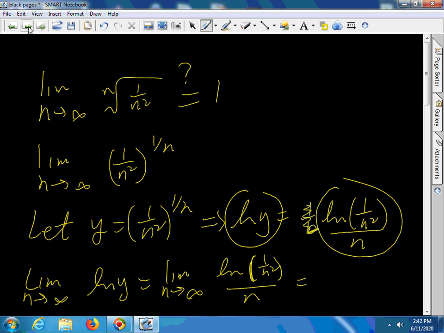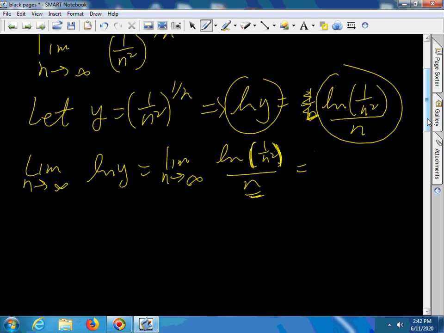Now, what's in here, when n goes to infinity, goes to 0, and ln of 0 is negative infinity. When the argument approaches 0 from above, ln of it approaches negative infinity, and the bottom is also going to infinity. So we use L'Hopital's rule.